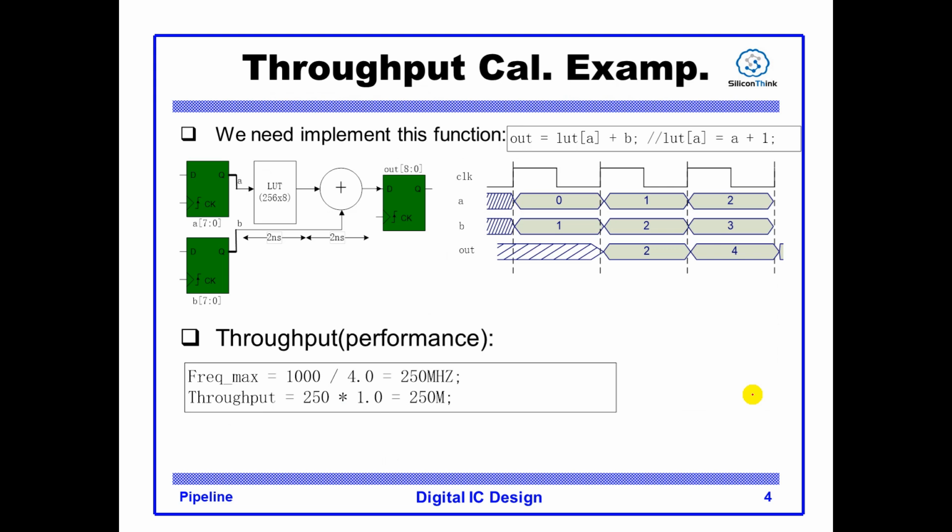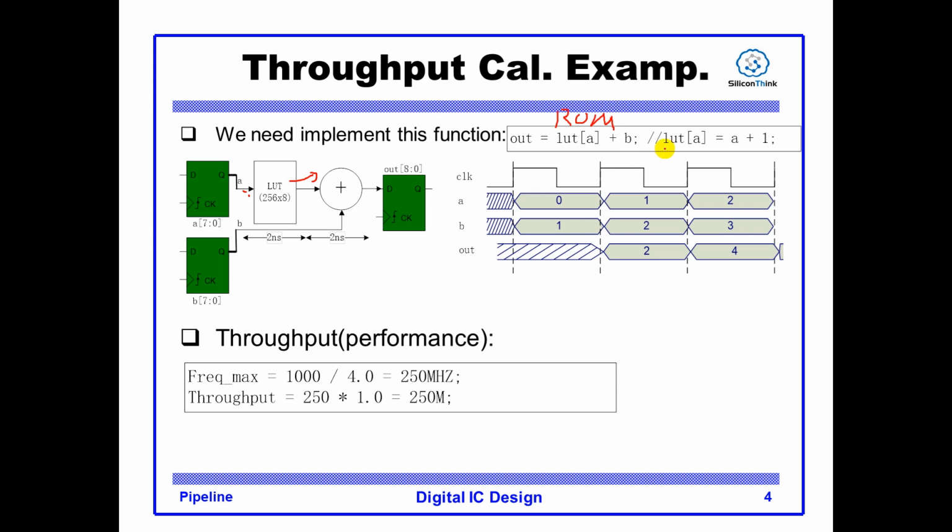Okay, let's see more examples of throughput calculation. Let's assume we have to implement this function: the output equals LUT of A and B. LUT is a lookup table. So you give an input and look up something from the LUT, just something like an SRAM.